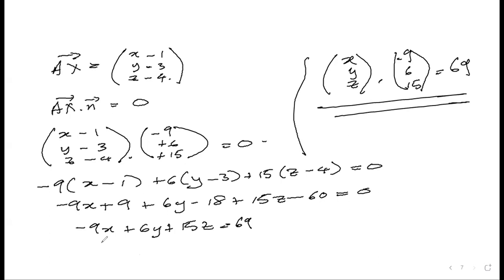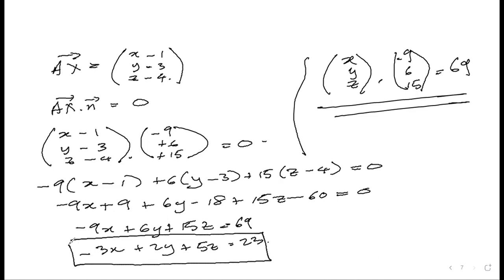Actually, we prefer to divide by 3. That's negative 3x plus 2y plus 5z equals, and that will give us -3, 2, 5.